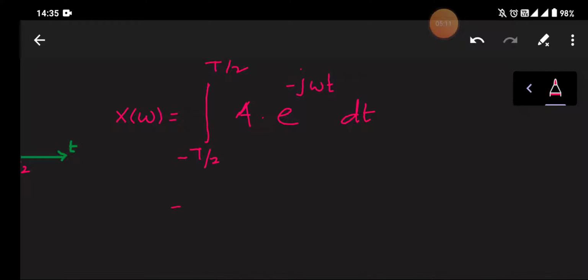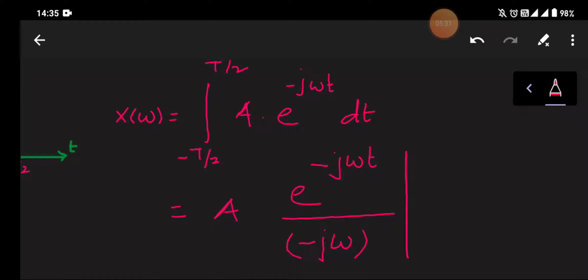So further simplifying, A can be taken outside as a constant. Solving the integration, we get A divided by minus j omega, times e to the power minus j omega t, with the limits from minus T by 2 to T by 2.